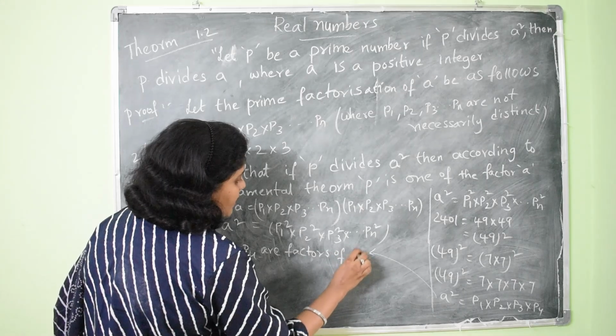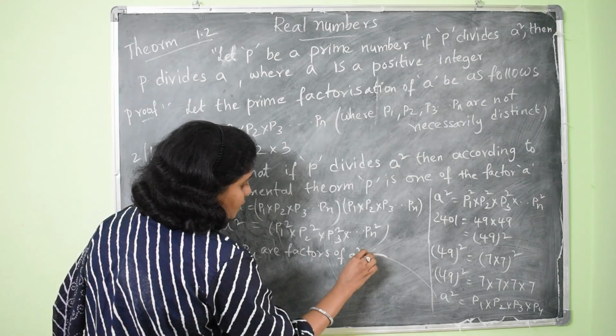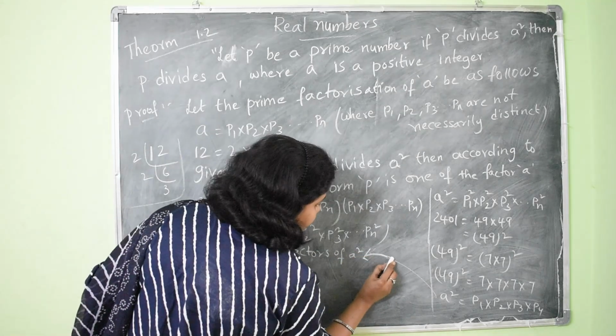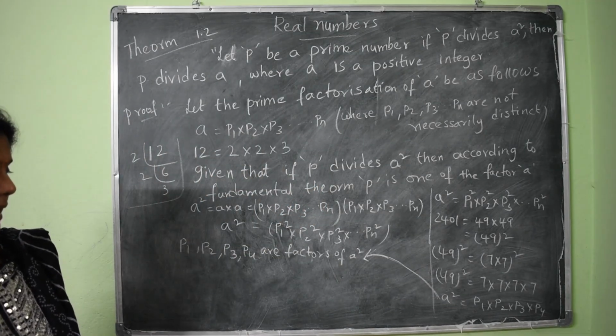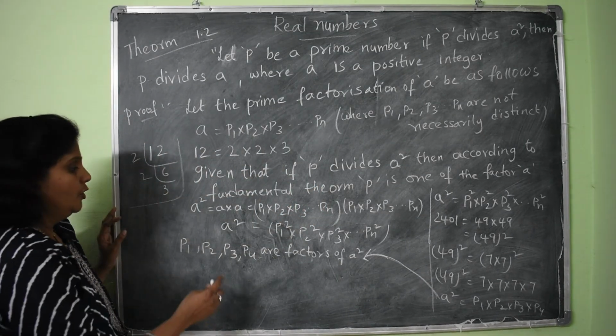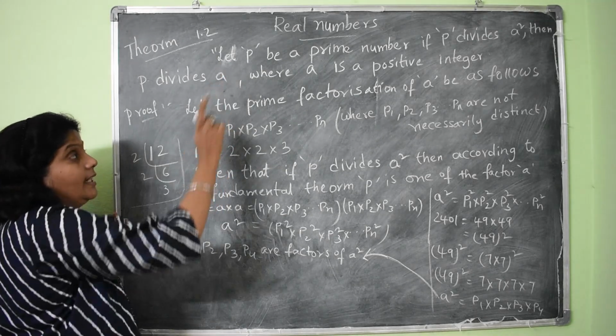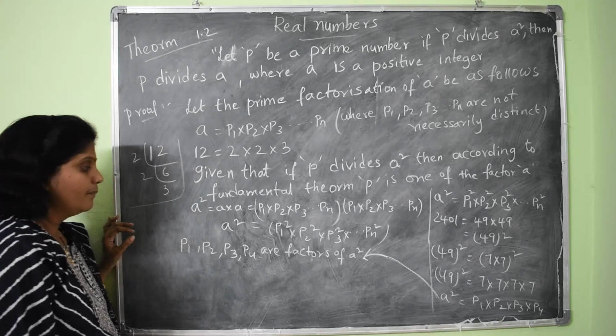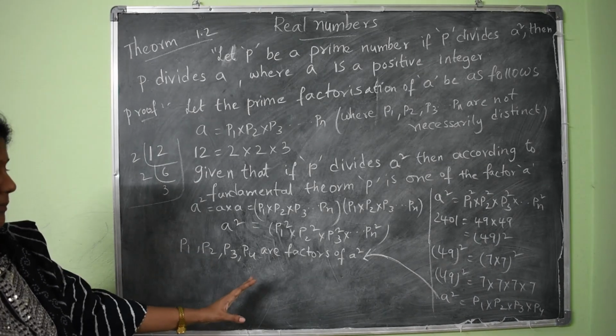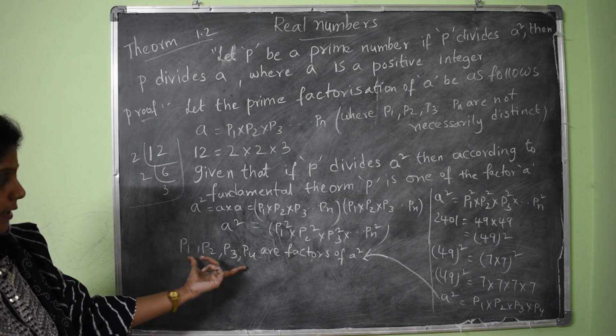According to this I can say that P1, P2, P3, P4 are the factors of A square. So what is our given condition saying? Let P be a prime number. If P divides A square, then P is one of the factors of this.